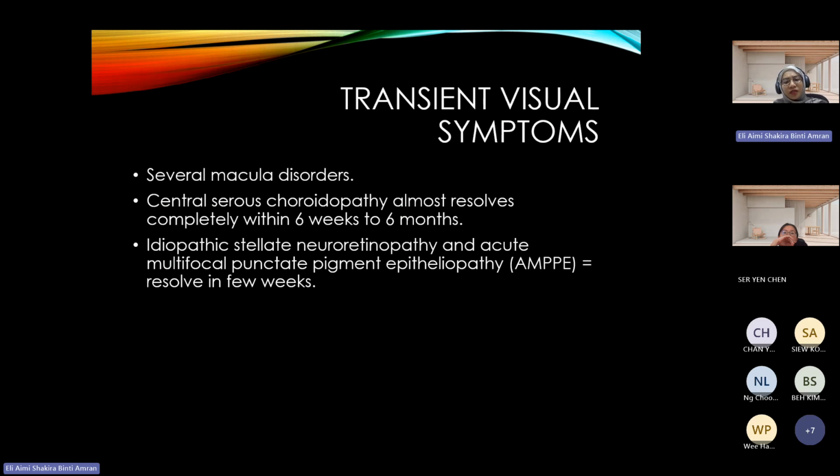epitheliopathy. Okay, what is pathy? What does it mean by pathy? Anyone knows? Disease? If neuritis, itis is inflammation, right? So if pathy?